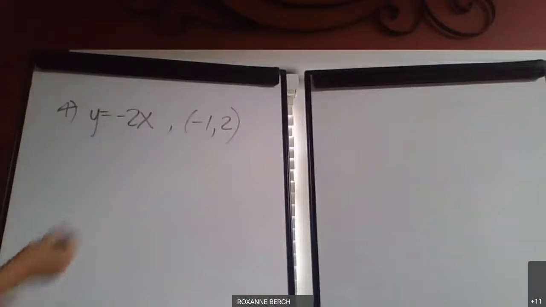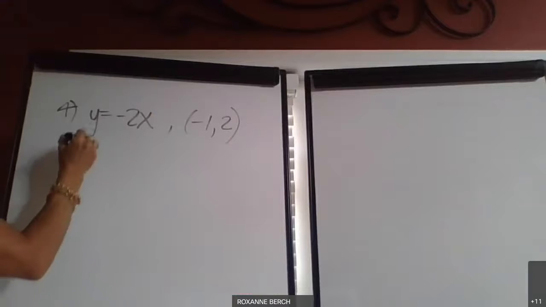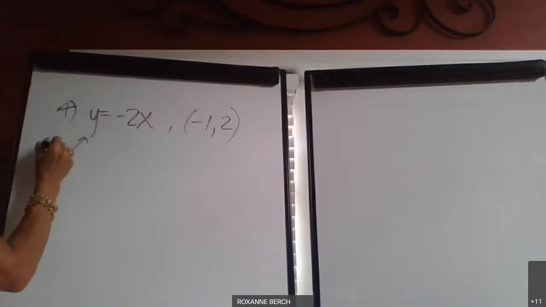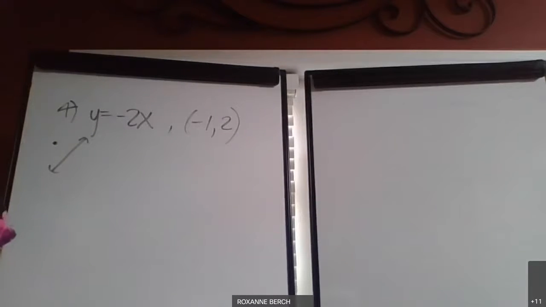So they're giving you an equation and a point, and what they want you to do is find an equation that's perpendicular. You want to find the pink equation that makes it perpendicular. So that's it as far as writing down the original problem.